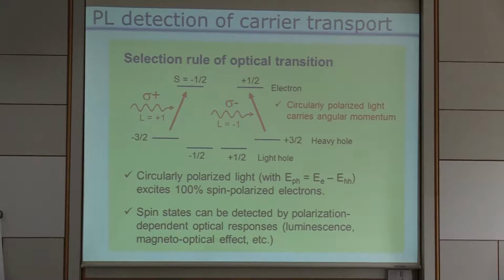The opposite case is for the spin detection. The spin states can be detected by polarization-dependent optical responses, such as luminescence or magneto-optic effect. I didn't mention the hole spin, but it is known that the hole spin has a rapid spin relaxation time, so we can observe only the spin of the electron.